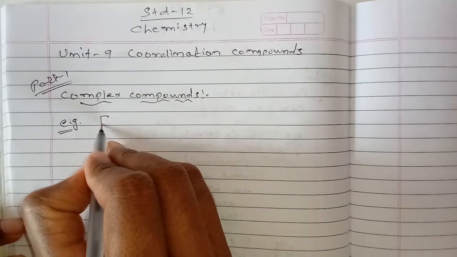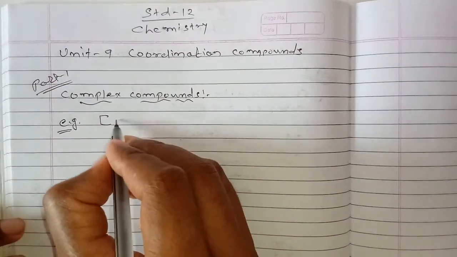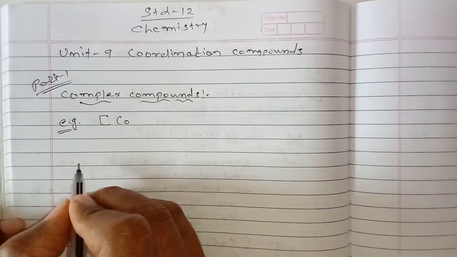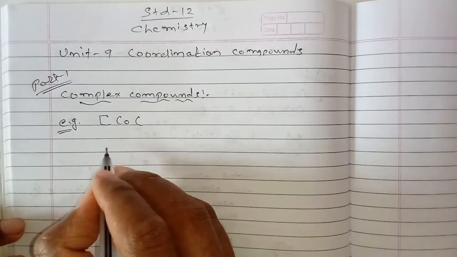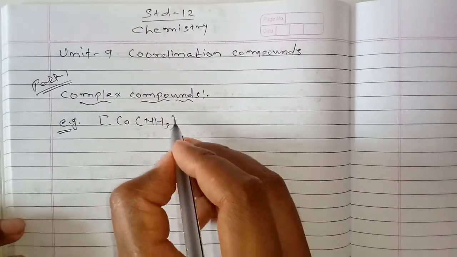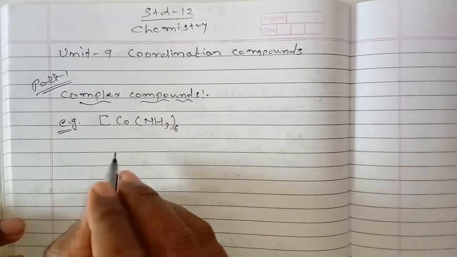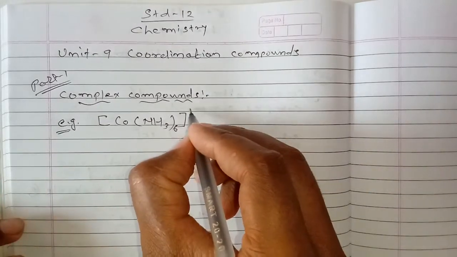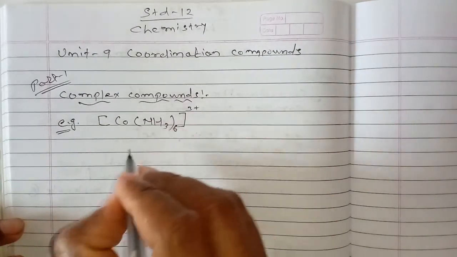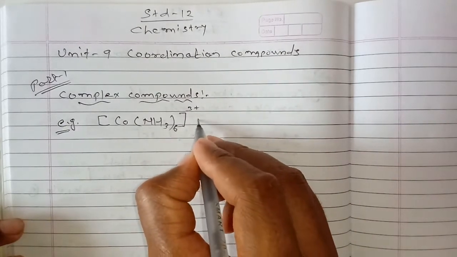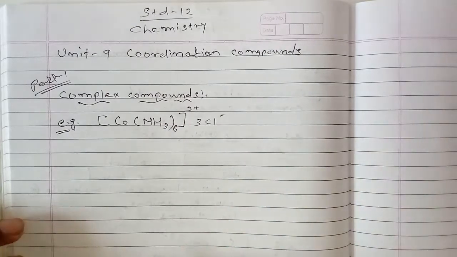Here in the square bracket, cobalt, a metal atom, is bonded with ammonia 6 times, and its charge is 3 plus, and outside the square bracket there are 3 Cl minus.